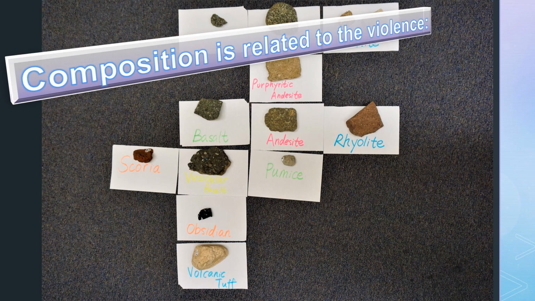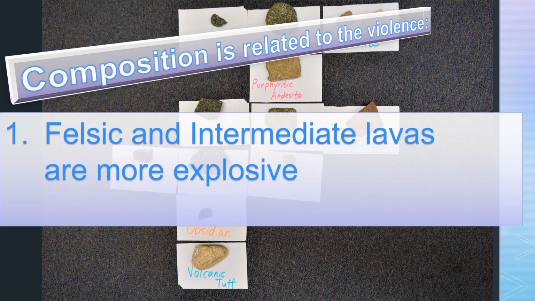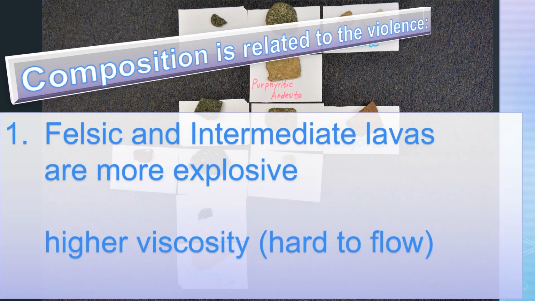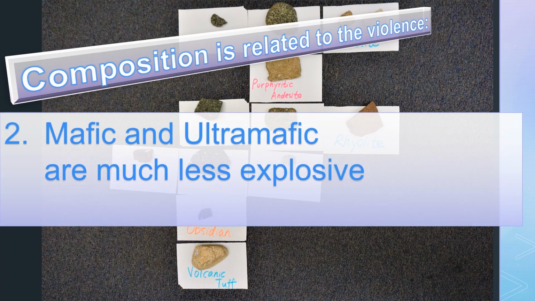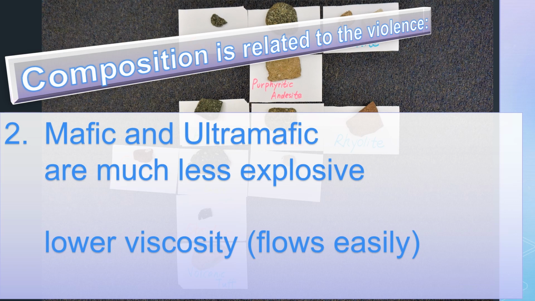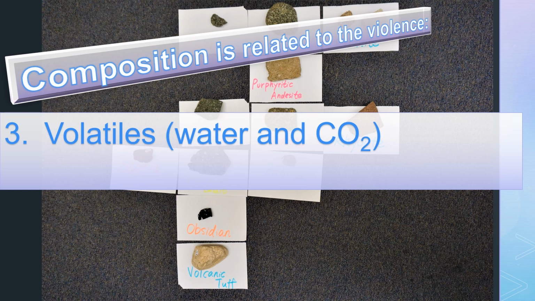Composition is also related to the violence. Felsic and intermediate lavas are more explosive because they have higher viscosity, which means it's harder to flow, while Mafic and ultramafic are much less explosive because their lower viscosity means they flow easily.